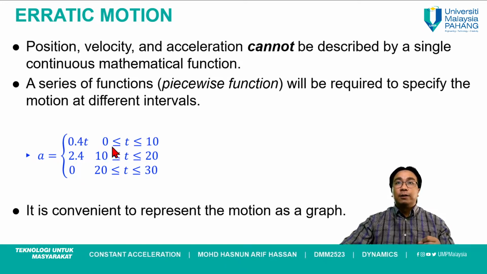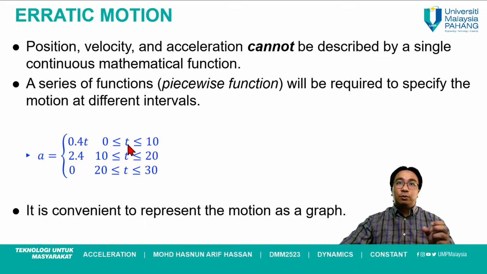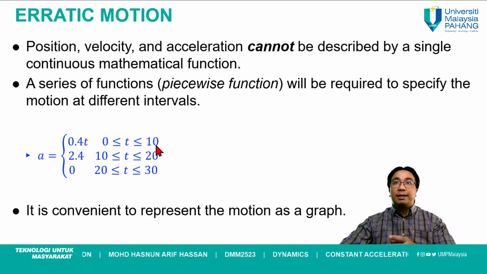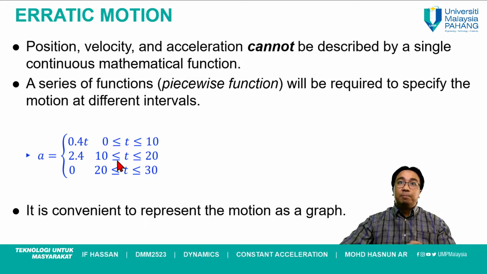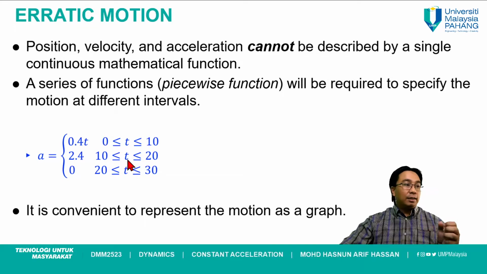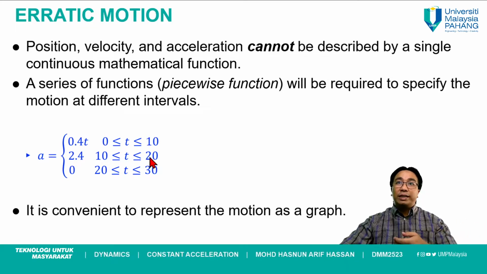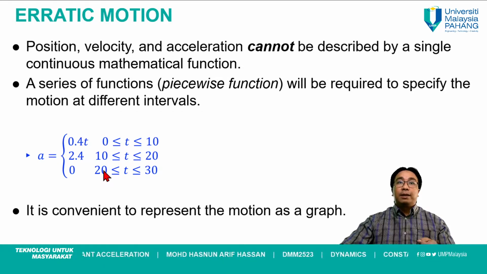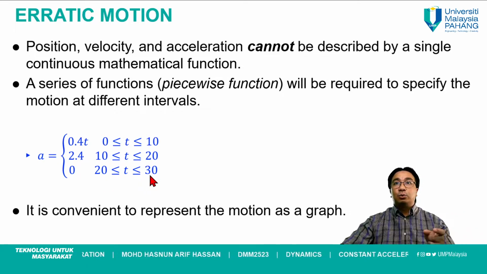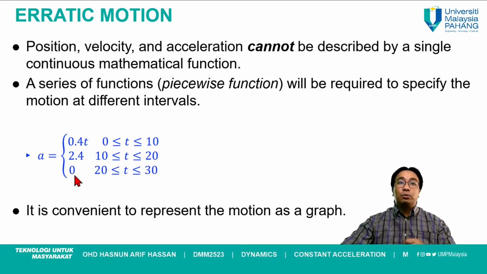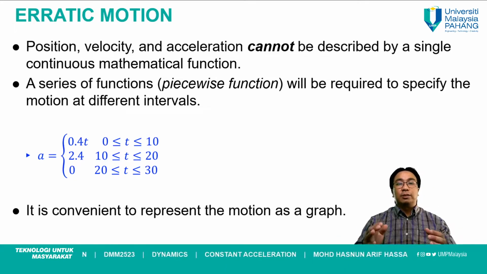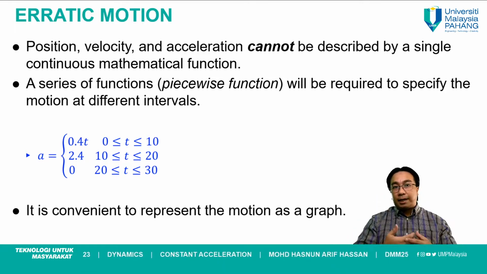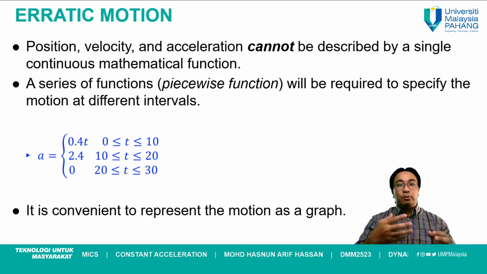From t equals 0 until 10 seconds, a is equal to 0.4t. Then from t equals 10 until 20 seconds, a is equal to 2.4. And then from 20 seconds to 30 seconds, a is equal to 0. So this is what we call erratic motion. It means its character changes with time.